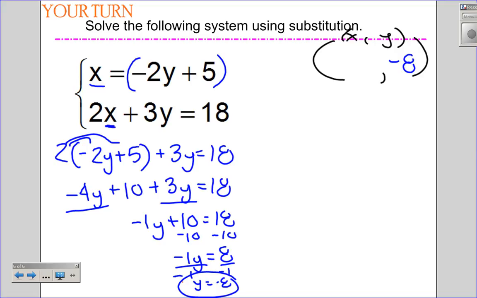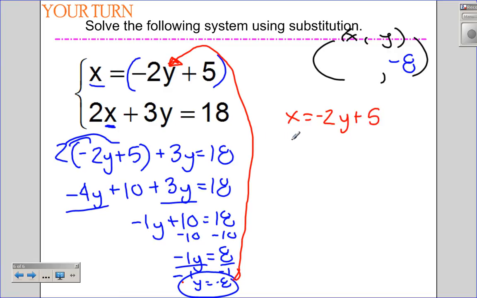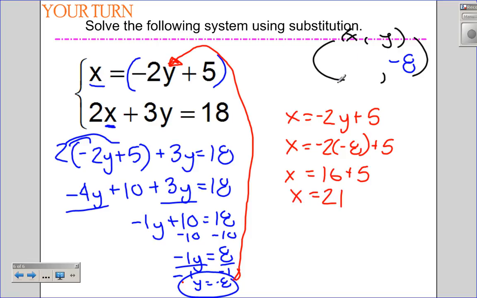Now I need to take that y value back up here to the top. Plug it in for y, and that will give me my x. So I know that x equals negative 2y plus 5. Negative 2 times negative 8 plus 5. 16 plus 5. So x is 21. So my answer is 21, comma, negative 8.